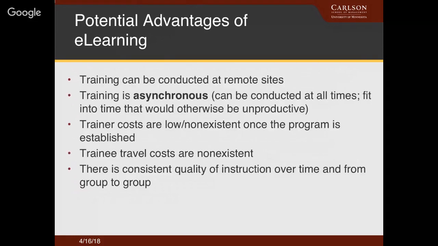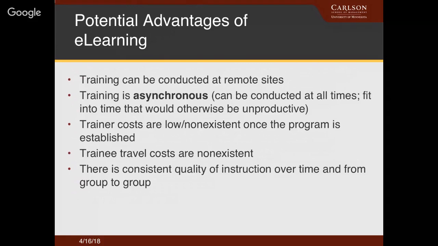The potential advantages of e-learning are pretty significant. You can conduct training anywhere at remote sites. So I might have, when I do an e-learning program, a training that I'm facilitating for hundreds of people across different locations, and that's nice. Another potential advantage is the asynchronous issue that we talked about with self-directed learning.